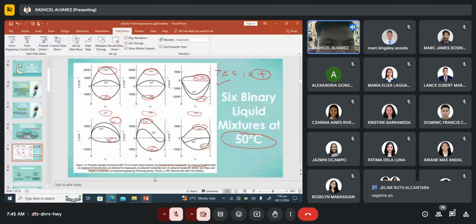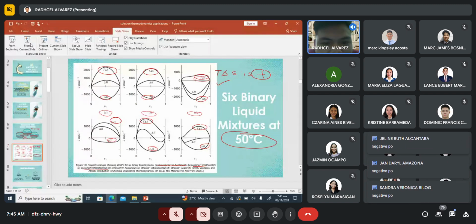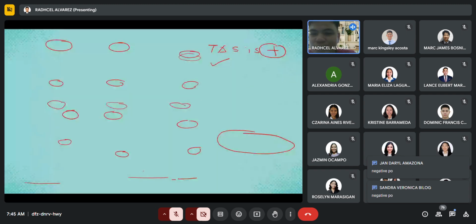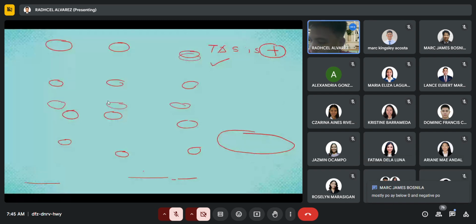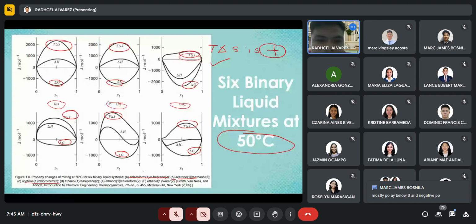Kung nahihiya magsalita, tingnan uli natin. Ito si delta G. Ano makikita nyo kay delta G? Nasaan siya? Siya ba ay positive din? Okay, so negative daw. Okay, that is actually correct.